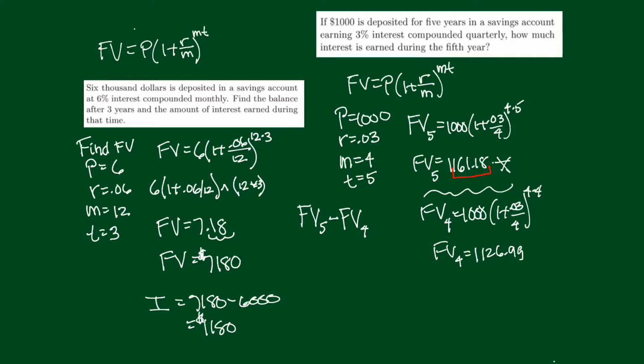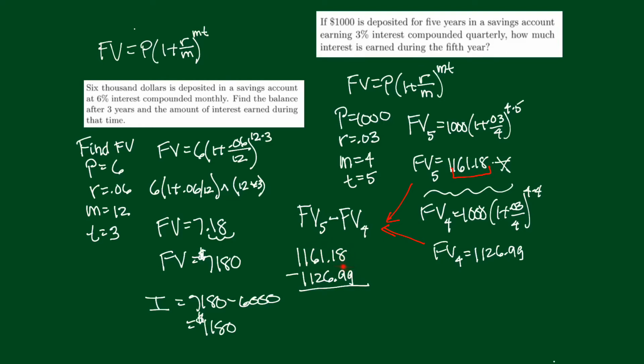So let's bring this back over here. After 5 years, how much money do we have? After 5 years, we've got 1,161.18, and now let's subtract, after 4 years, 1,126.99. I think that makes sense, right? It took us 5 years to accumulate $161.18 in interest.